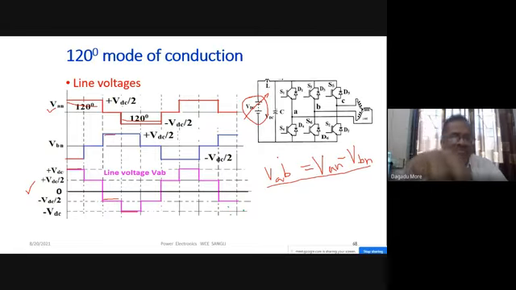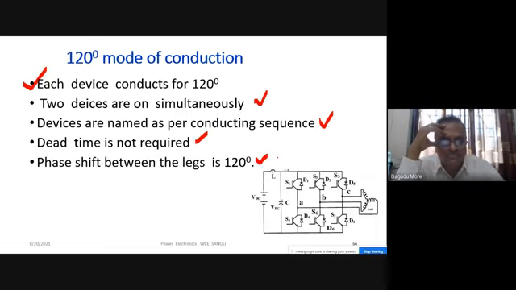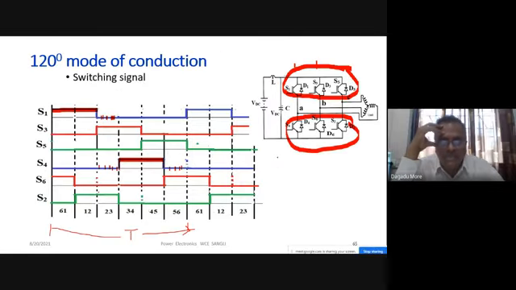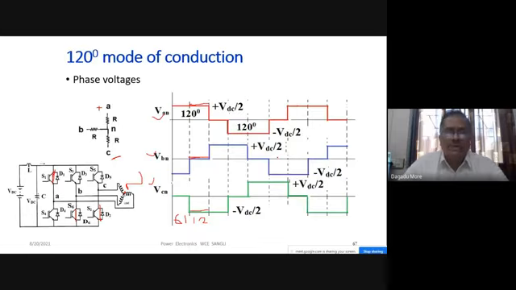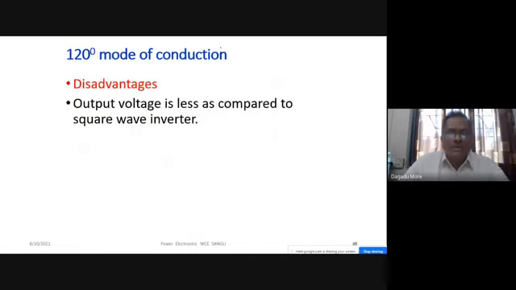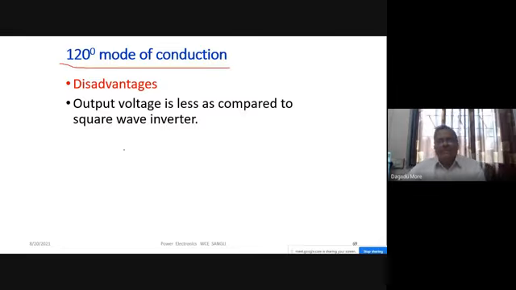If you find the RMS value of the line and phase voltage, we have seen that the 120 degrees mode of conduction gives less voltage as compared to the square wave inverter or 180 degrees mode of conduction. So you just calculate this.